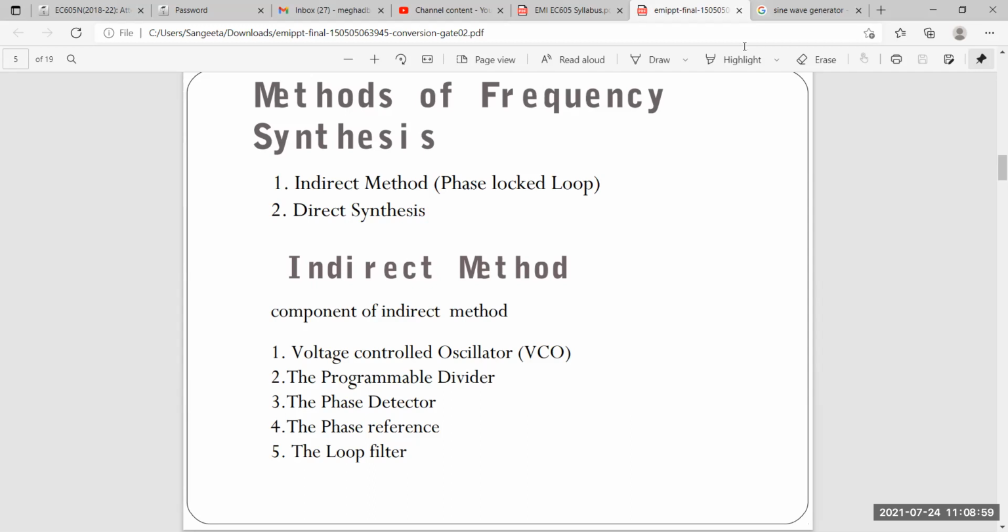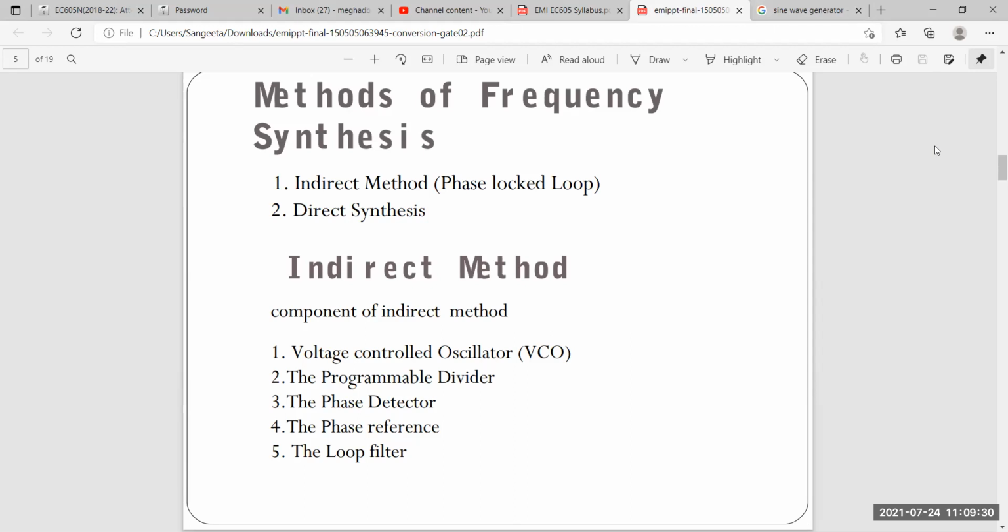We mainly call it PLL in short form. The components of the indirect method are: one is the VCO, that is, the voltage controlled oscillator; second, programmable divider, phase detector, phase reference, and loop filter. These are the components we require in the indirect method.